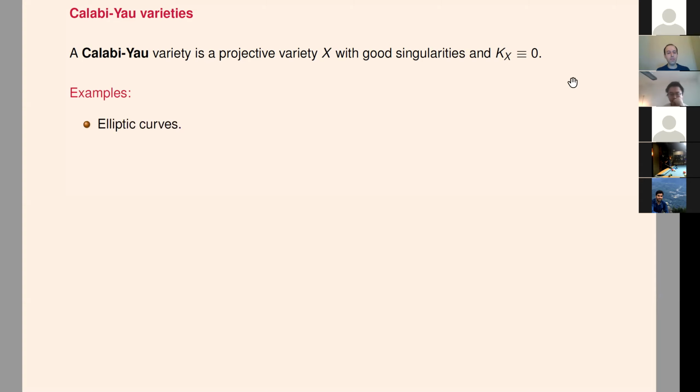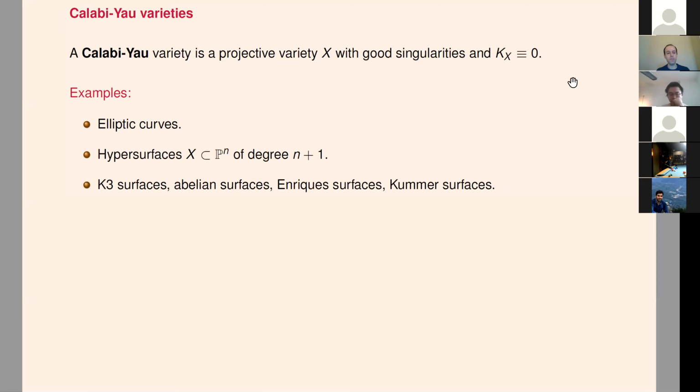Examples include elliptic curves in dimension 1. So these are precisely the Calabi-Yau varieties in dimension 1. Hypersurfaces in P^n of degree exactly n+1. If the degree is less than that, then you get a Fano. If the degree is precisely n+1, you get a Calabi-Yau.